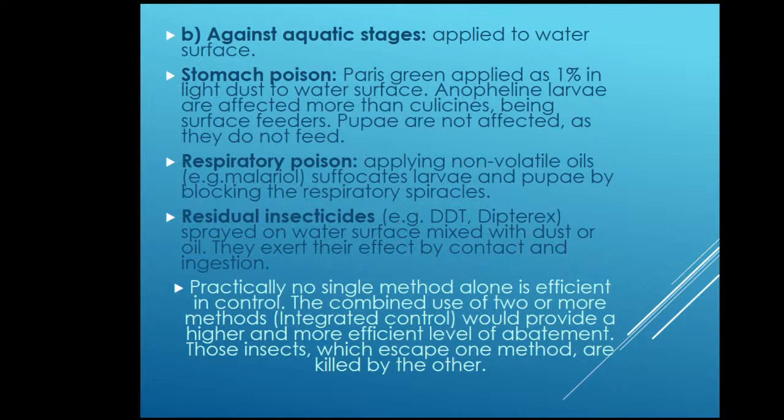And you should remember, with time, the adults of mosquitoes and their pupae and larvae become resistant to different chemical substances. So, for decreasing the number of mosquitoes, we should use 2 or 3 methods of control.